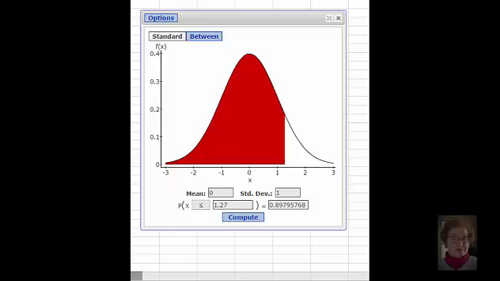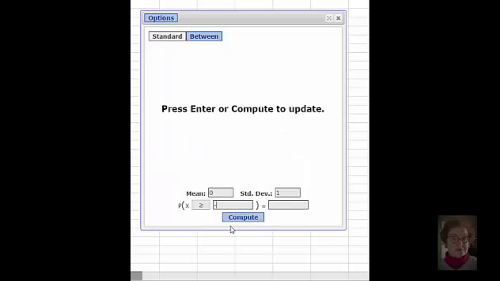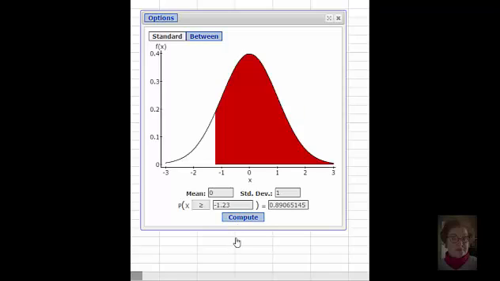How do we figure out the area above? Well, notice that we have an operator here that we can change. So we're going to change that to greater than or equal to, and we are interested in a negative 1.23 degrees. And we simply click compute and we have our answer directly.